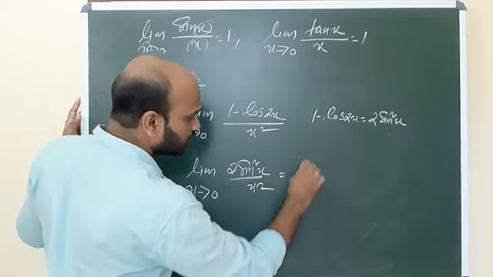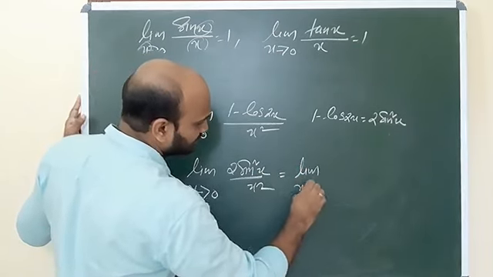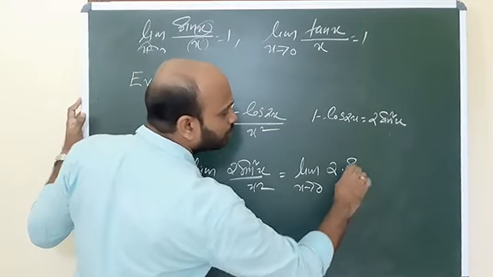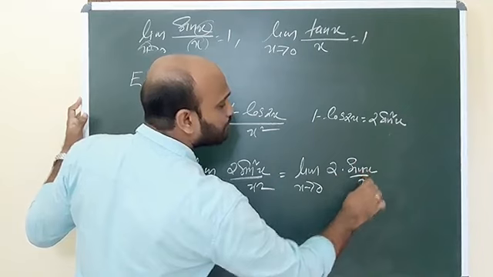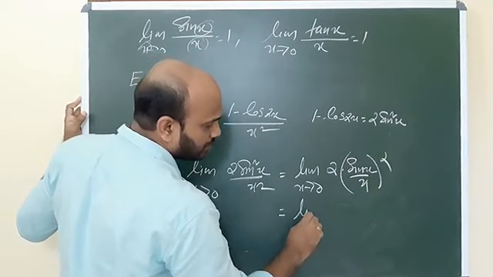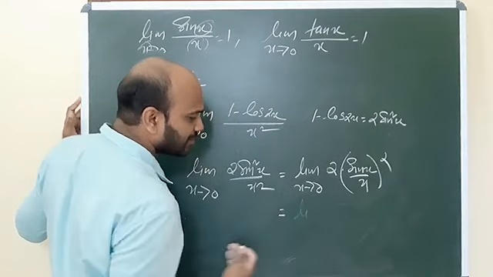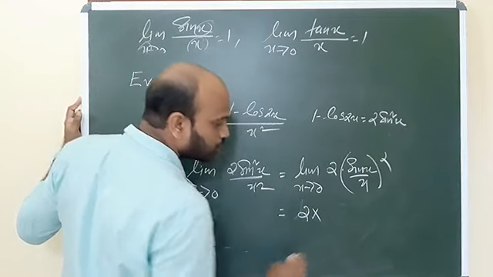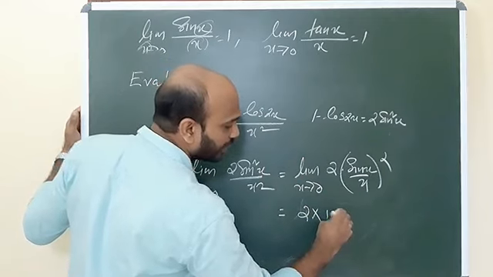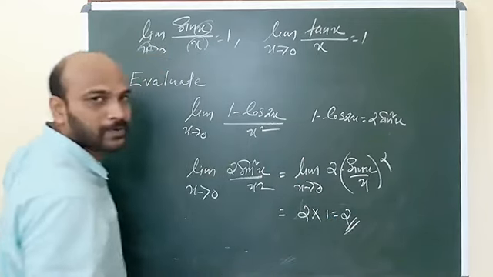And this is equal to limit x tends 0, 2 into sin x by x whole square. So we can write the answer directly. First one is 2, then sin x by x is 1, square equal to 1. So the answer is 2. Okay.